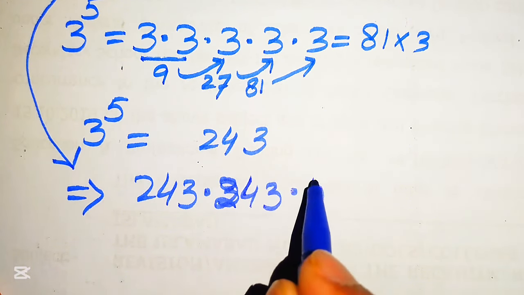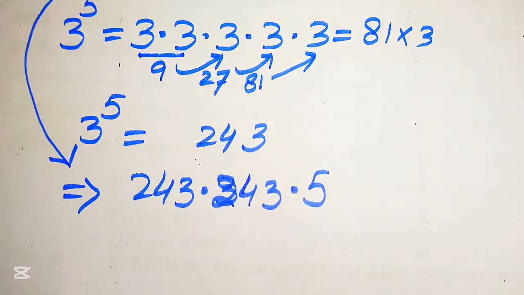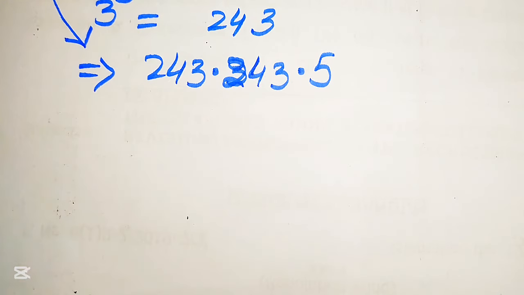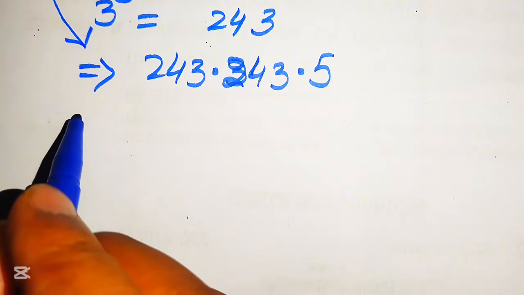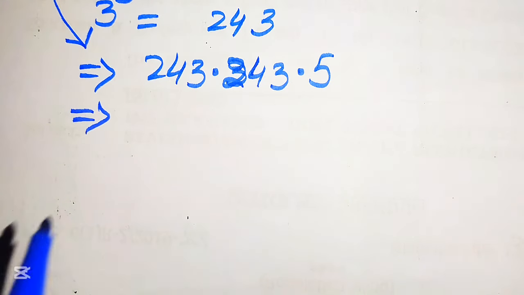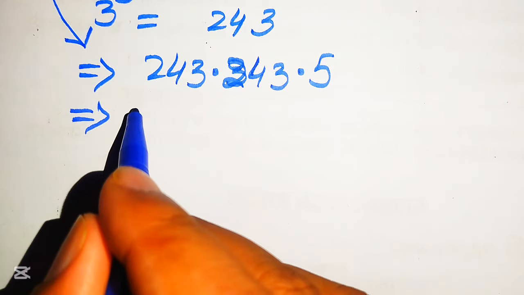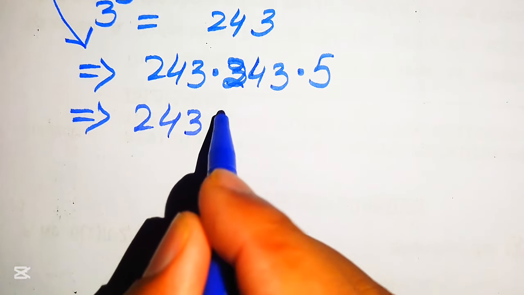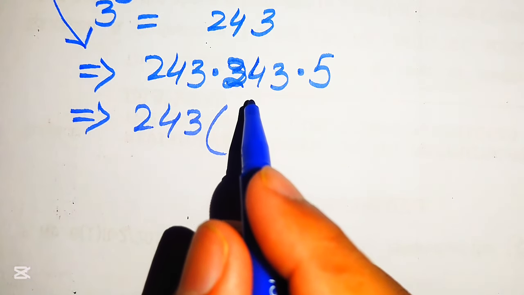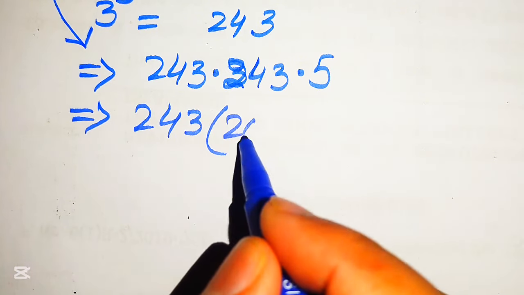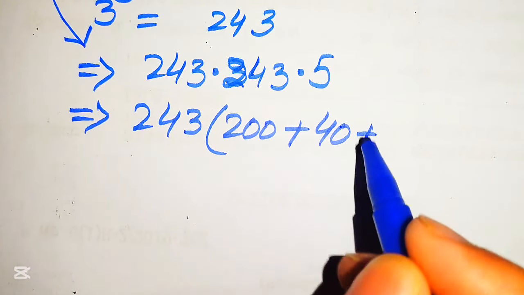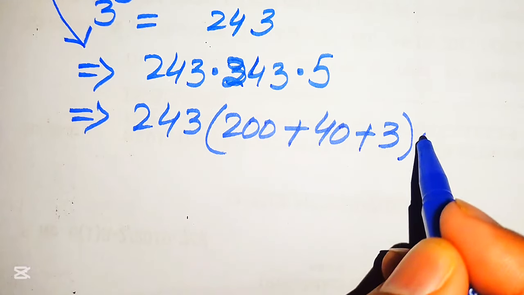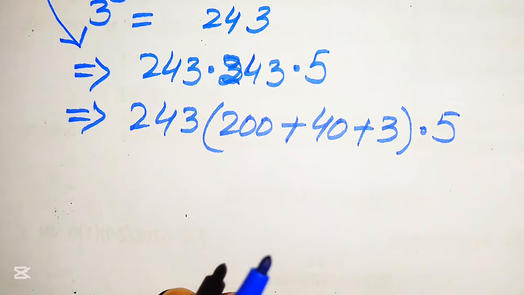In the next step we need to multiply 243 with 243, and the resulting answer is multiplied by 5. First we rewrite this expression as 243 into 243, where we write the second 243 as 200 plus 40 plus 3, and here you have 5.